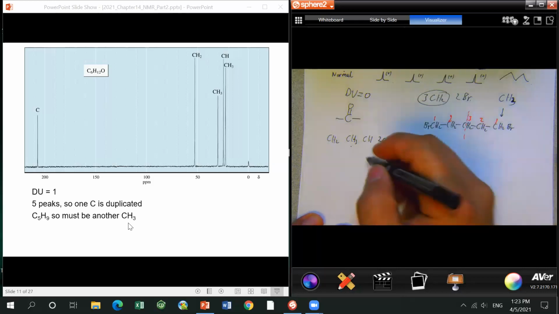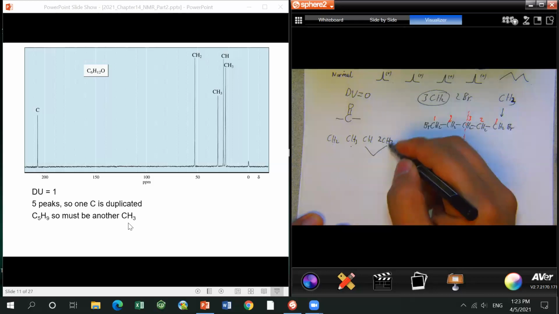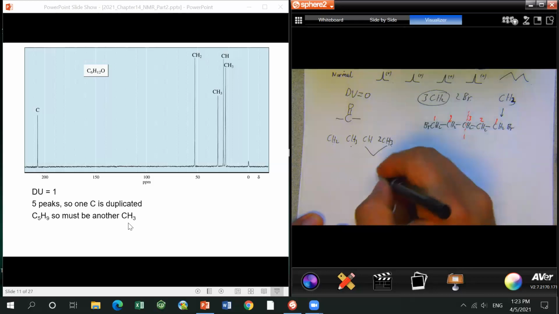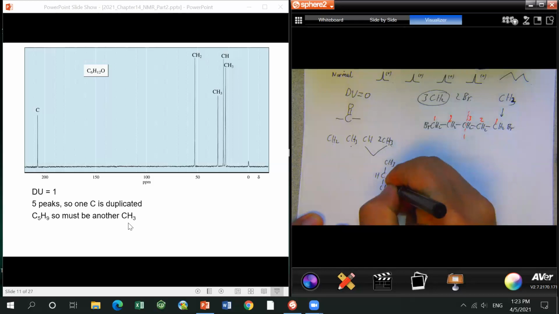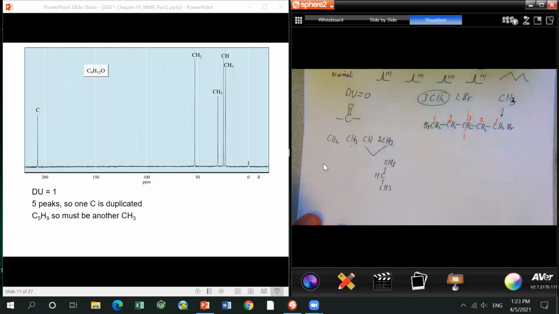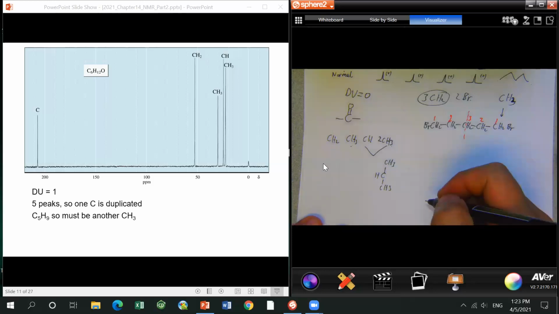So you can merge these 3 fragments together and generate an isopropyl group. These 2 CH3 will be symmetrical, so they have the same chemical shift.